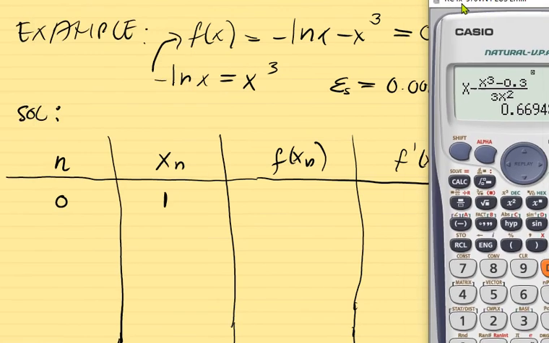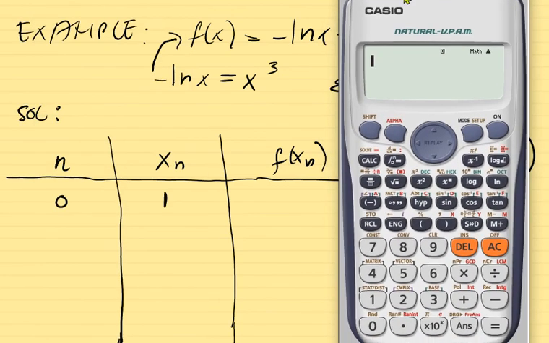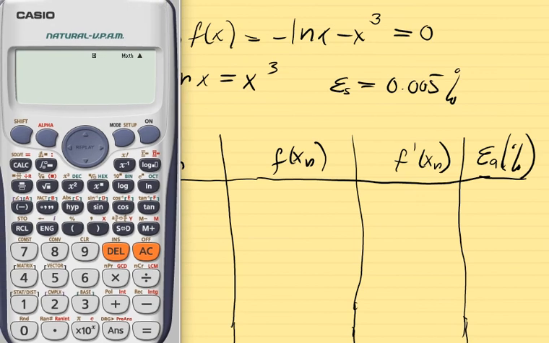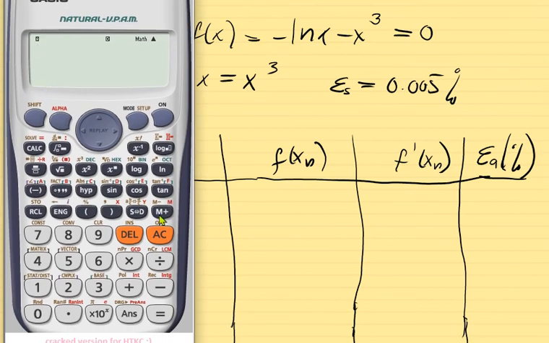You can use your calculator: alpha, negative ln alpha x, then minus alpha x cubed. Then press calc. Our initial value is 1, and the result is negative 1. So our f of xn will be equal to negative 1.